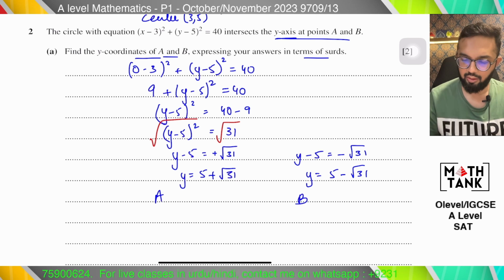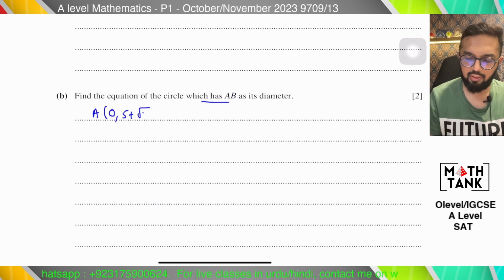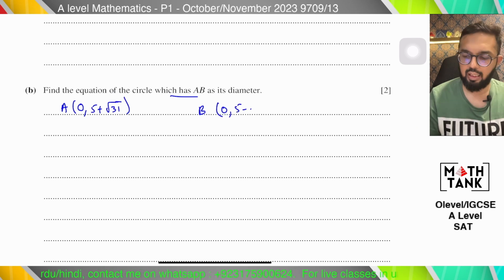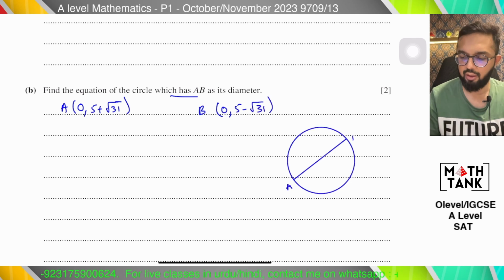So 0 comma 5 plus root 31, and I kept the second one as negative. When it has AB as the diameter, remember that the center of the circle will lie on the center of the diameter, and you can find that by calculating the midpoint.